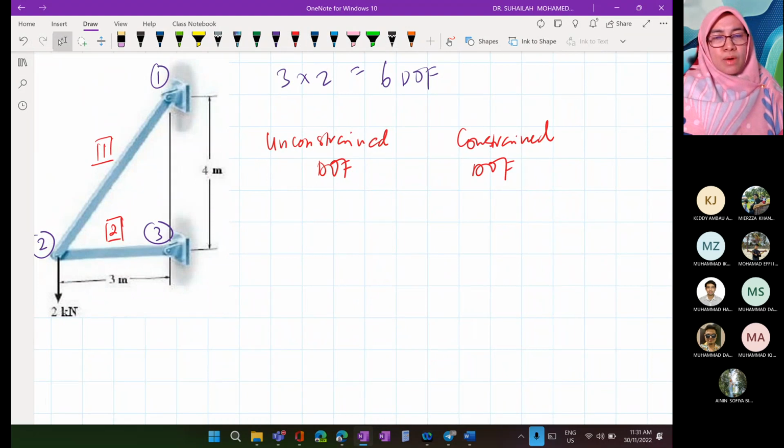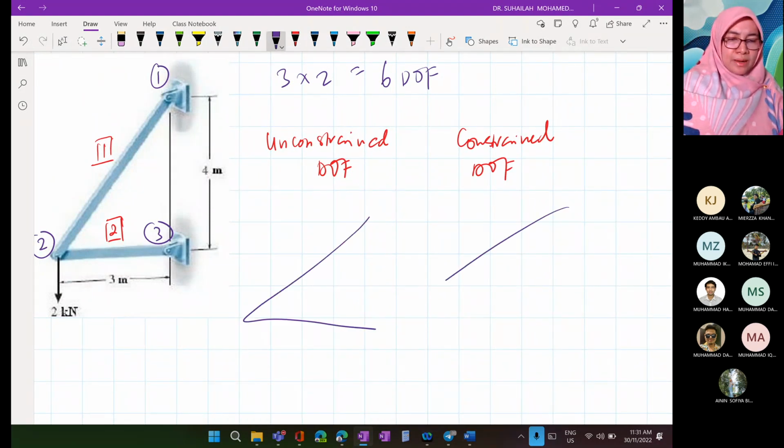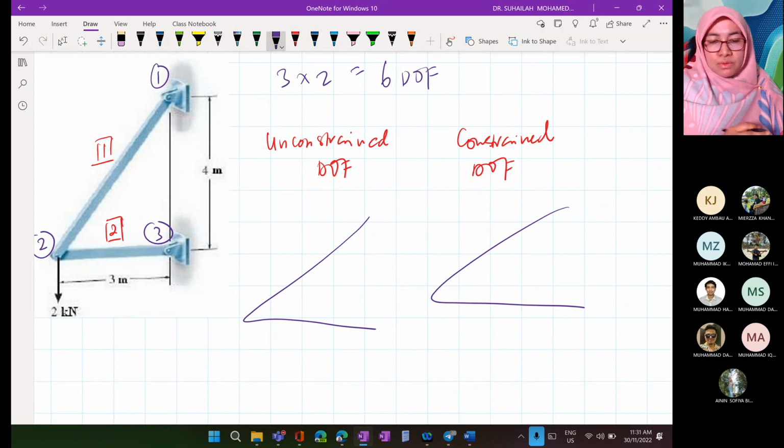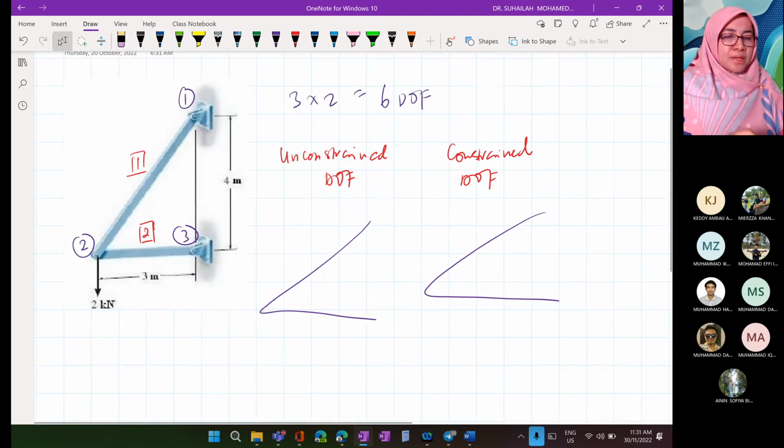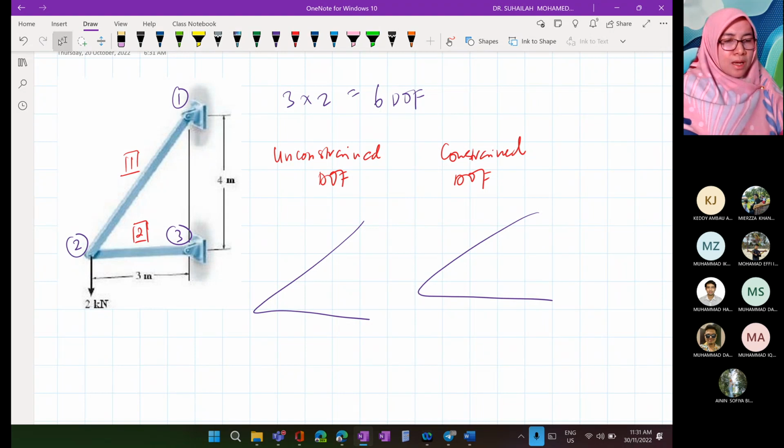So normally what I will do is sketch two diagrams separately, representing the same truss, because we will label one starting from unconstrained.